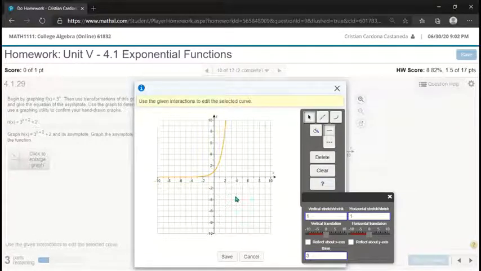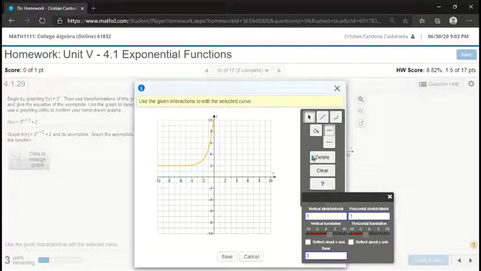On the exponent side, I have a +2, which means a horizontal transformation of 2 units to the left. Then the +2 outside of the exponent means it's upwards 2 units, and that's it. I don't have to change the base because it's already base 3.